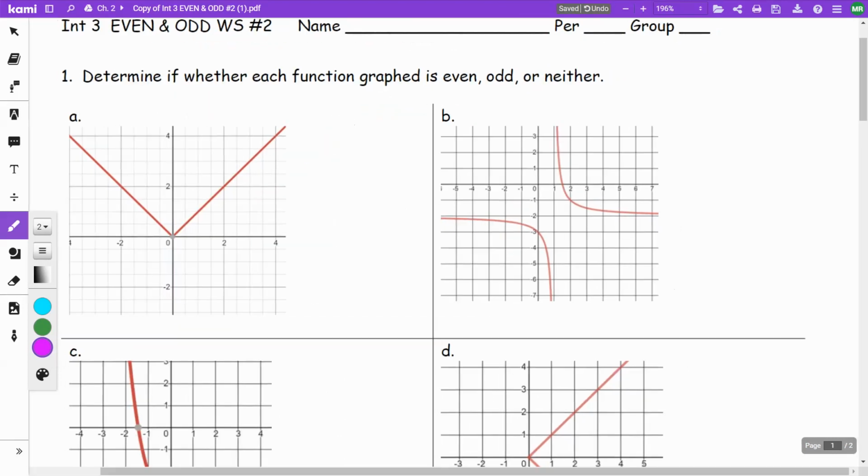Now, B looks like it's going to be an odd, but you have to be careful. You have to reflect it at the origin. So when I'm doing this, I'm looking at this line and this line because that's your X and Y axis. And what's going to happen when I rotate this, you can see that this piece here is not going to match up with this over here.